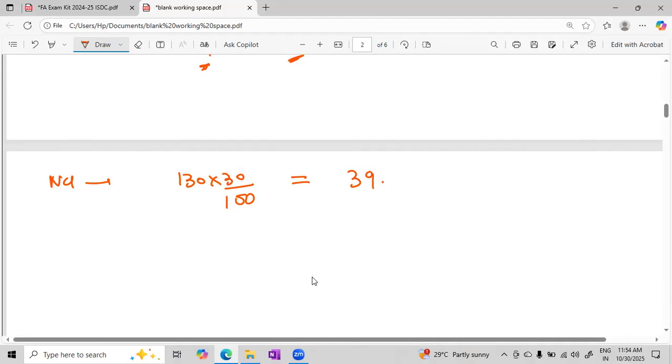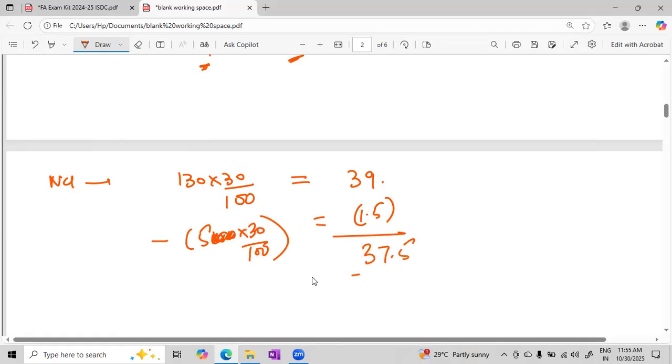And how much was the unrealized profit? It was 5,000 if you remember. Okay. So NCI will have a share of 30% again in this. I won't take 5,000. I will just take 5 because I'm dealing in 3 zeros, right? Over here also I've eliminated the 3 zeros. So just take 5 over here. So 30% of 5 is 1.5. Okay. So deduct 1.5 from here. So you will get the answer as 37.5. Right?